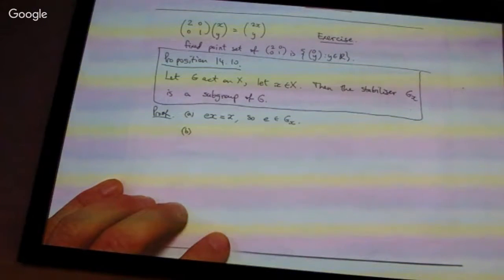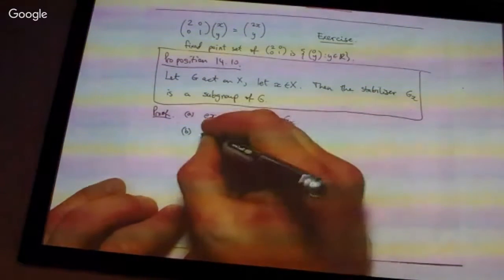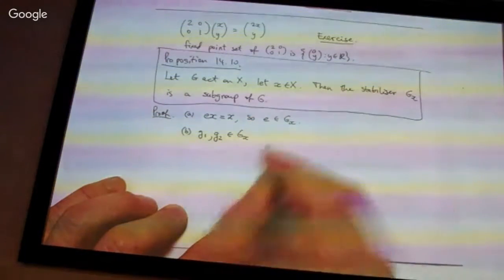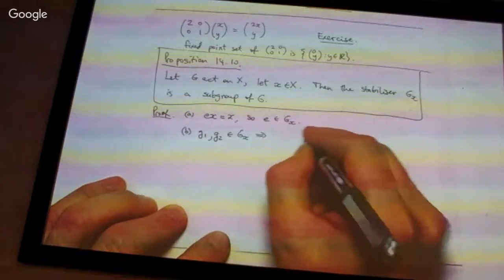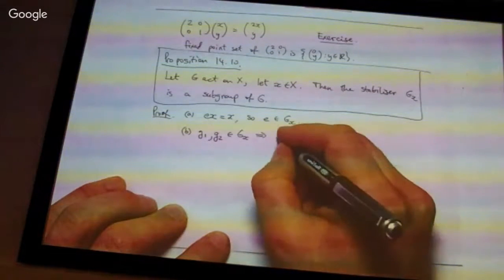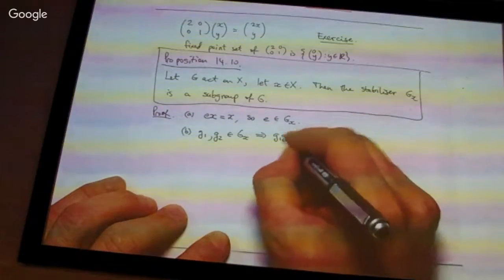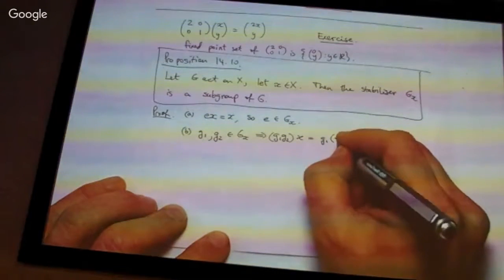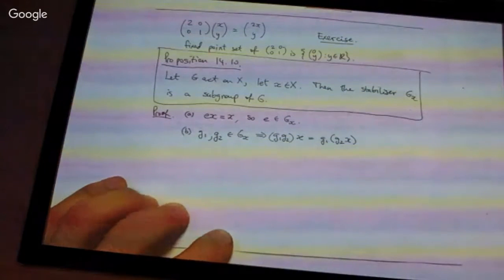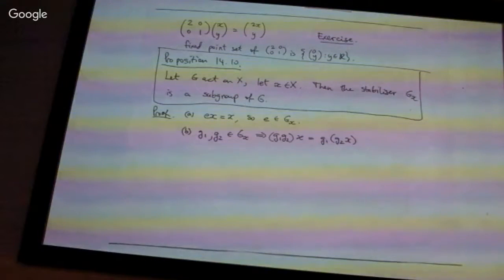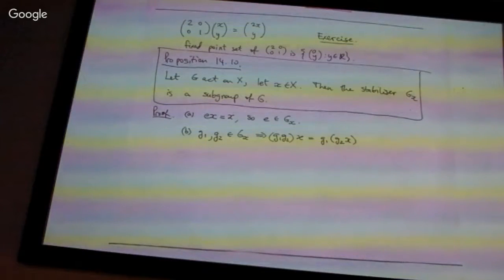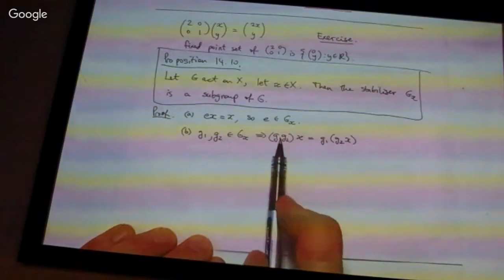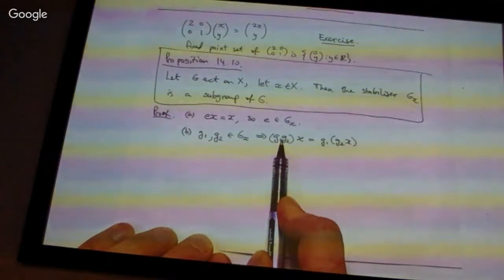So two different closures. Okay, so if g1 and g2 are in the stabilizer, now I want g1g2. So what is g1g2 on x? Well, you don't really have to write it, because one of the conditions was kind of associativity, but not really, because g1g2 here is not the same as g1 acting on g2x.